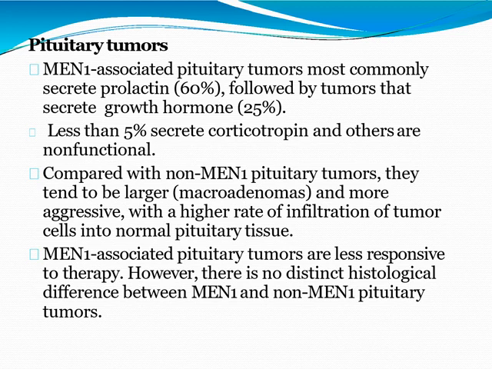Compared with non-MEN1 pituitary tumors, they tend to be larger, which is called macroadenomas, and more aggressive, with a higher rate of infiltration of tumor cells into the normal pituitary tissues. MEN1 associated pituitary tumors are less responsive to therapy. However, there are no distinct histological differences between MEN1 and non-MEN1 pituitary tumors.